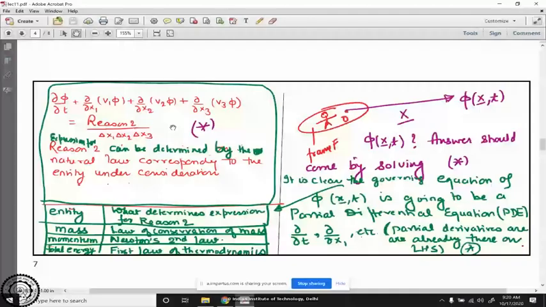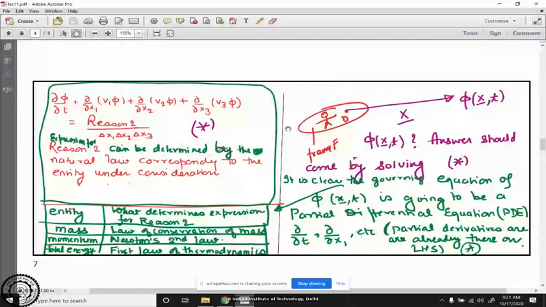dx/dt equals 5 is an example of a differential equation. But dx/dt equals 5 is not a partial differential equation because you have a complete d there.